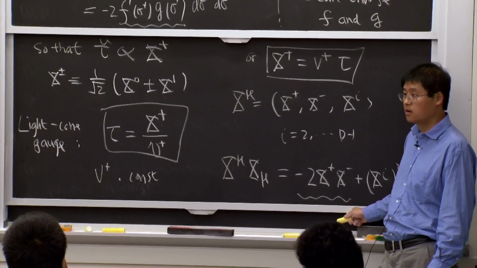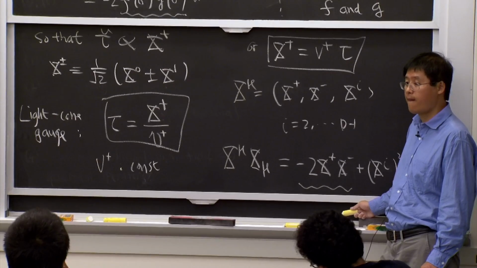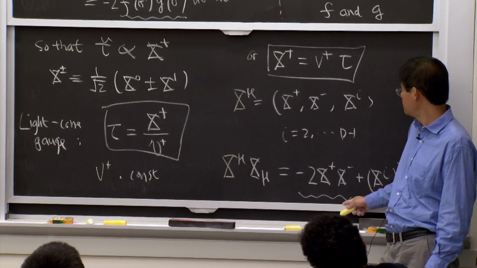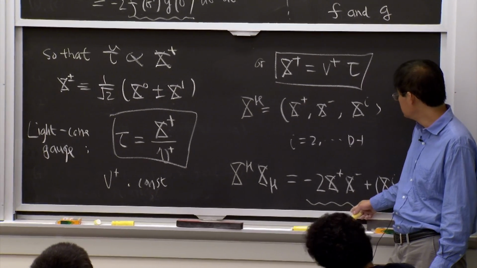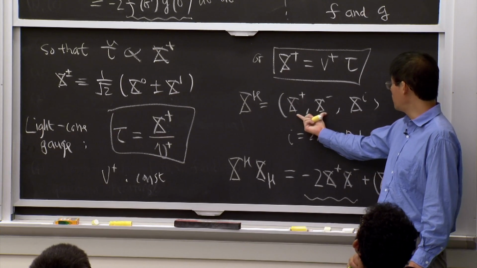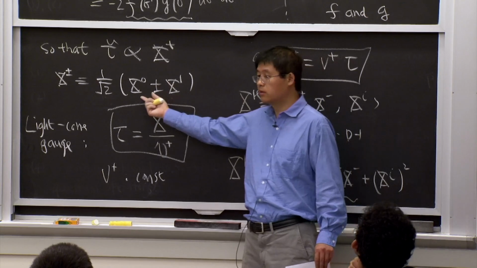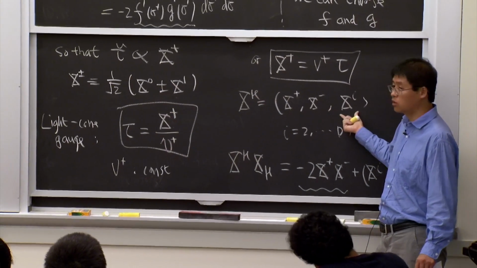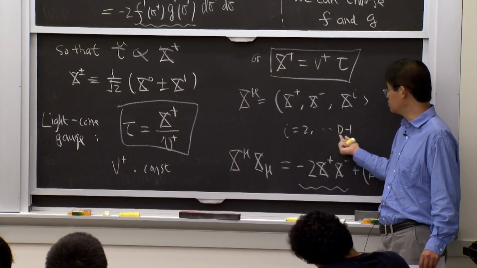Do you mean for that to be 0 and 1 and then that to be plus minus? So these two are equivalent to x0 and x1. Then we include the rest, starting from i equal to 2 to d minus 1.